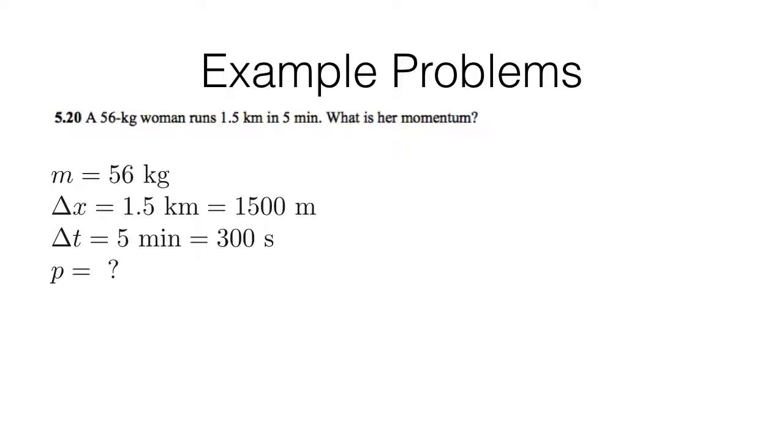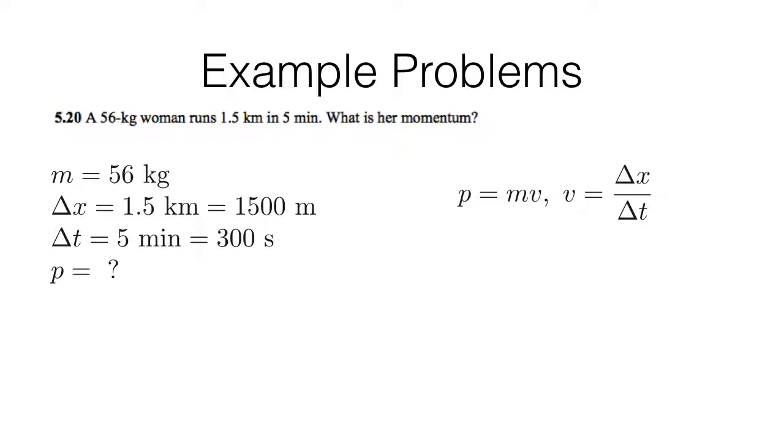I'm using guess and check, so I've written down the givens, I've written down the unknown. The next step is to write down an equation that brings all that together that can help me solve for the unknown. And the one that applies is momentum is mass times velocity. The problem is we don't have the velocity as one of the given pieces of information. But we were given displacement and time.